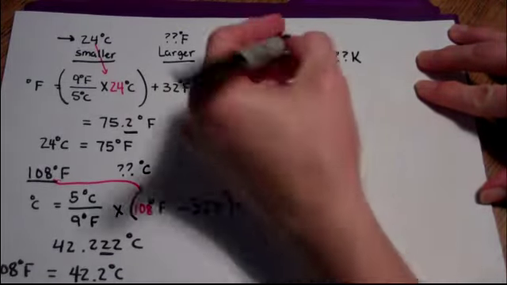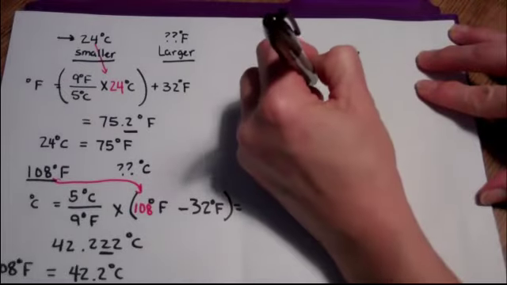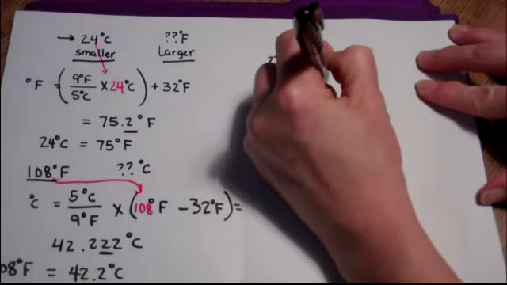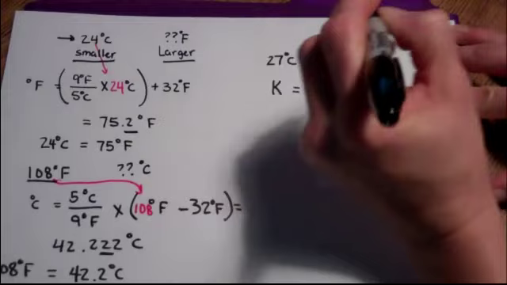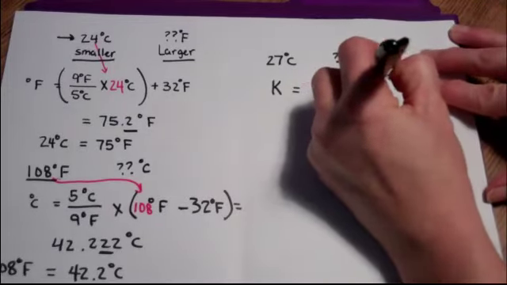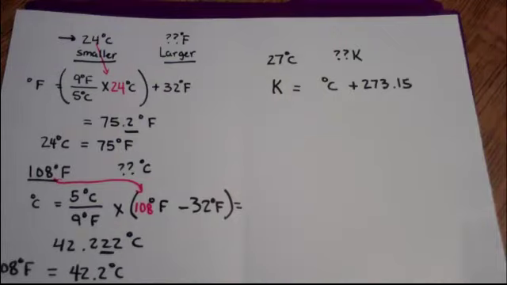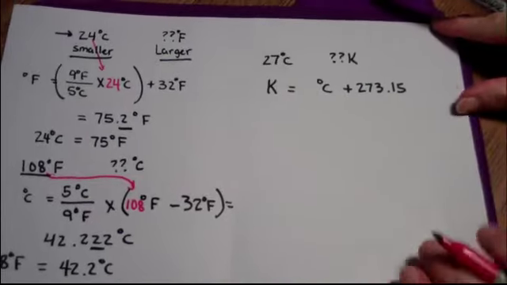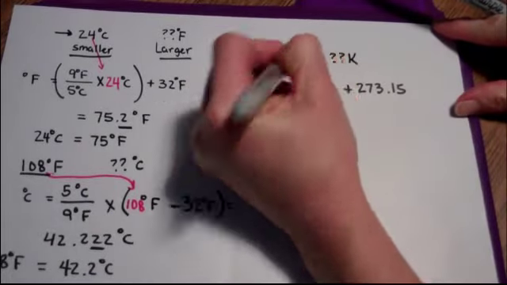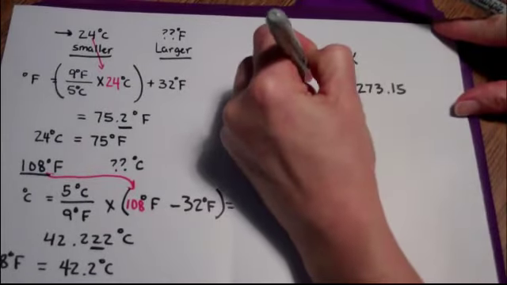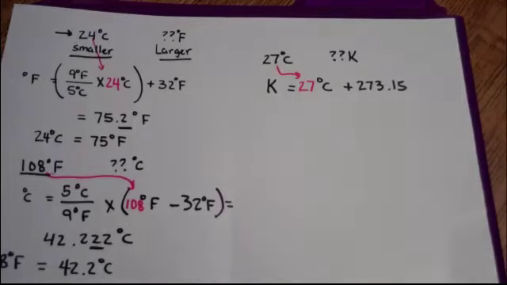We know that Kelvin are going to equal our degrees Celsius plus 273.15. For converting into Kelvin, it's very easy. We put in 27 into that position, add it to 273.15, and see what we get out.